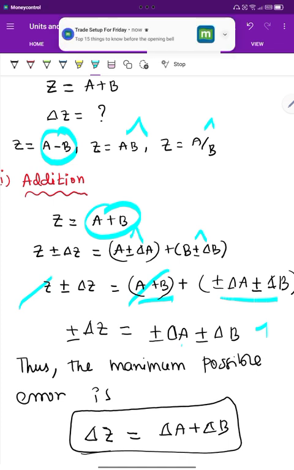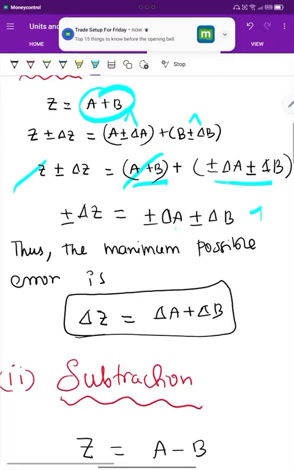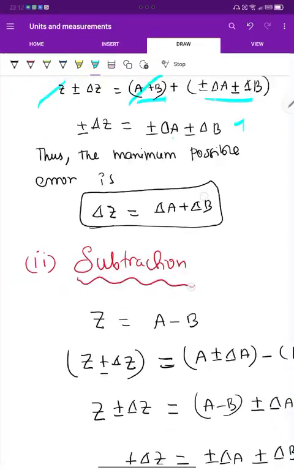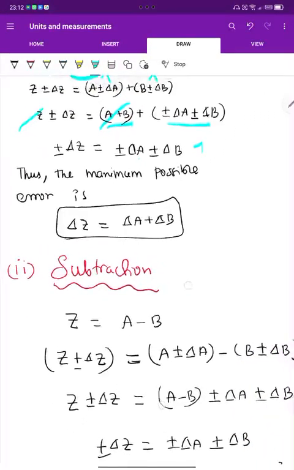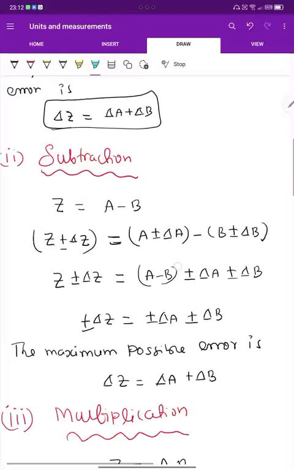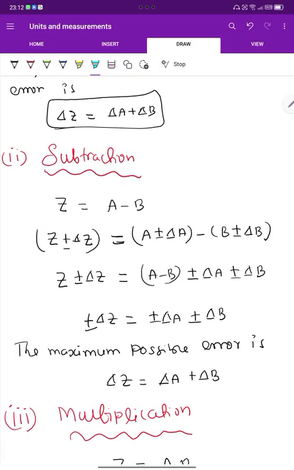So, got it? Now let's see the error propagation in the process of subtraction of two quantities. Here we are subtracting two quantities, A minus B, and we will get a new quantity Z. In this process, to see how the error is propagating, I am writing each individual quantity with error in the following way.